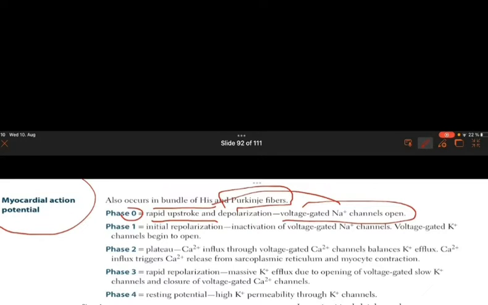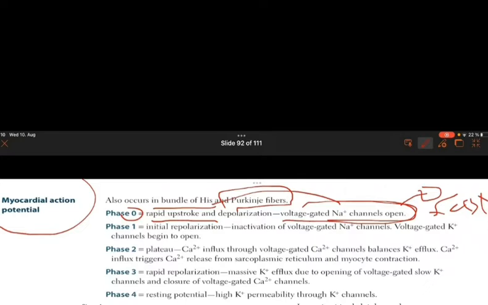When the sodium increases in the cell, that will lead to action potential, to depolarization. And this will be fast depolarization, because the sodium channels cause fast depolarization.